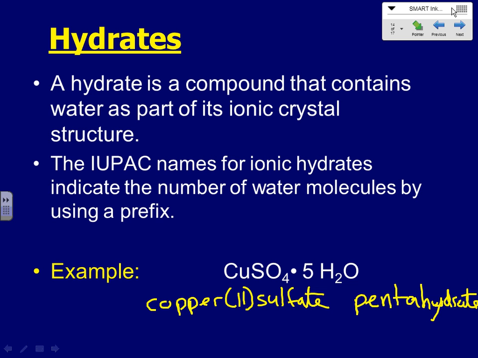Penta means 5, hydrate means water, so we would call that particular crystal copper 2 sulfate pentahydrate. That's how you do it. That's the only add-on. Different chemicals can incorporate different numbers of water molecules. Depending on what the number is, you put a prefix on it.